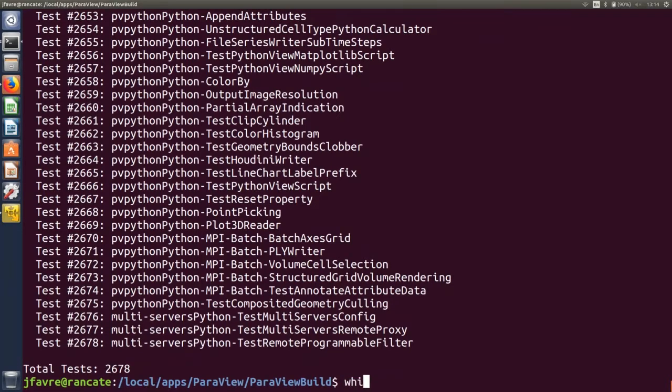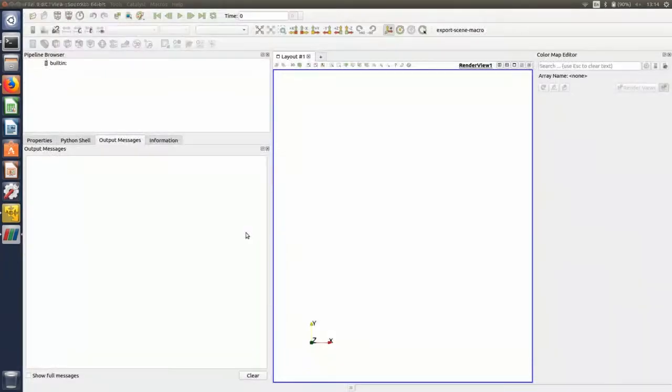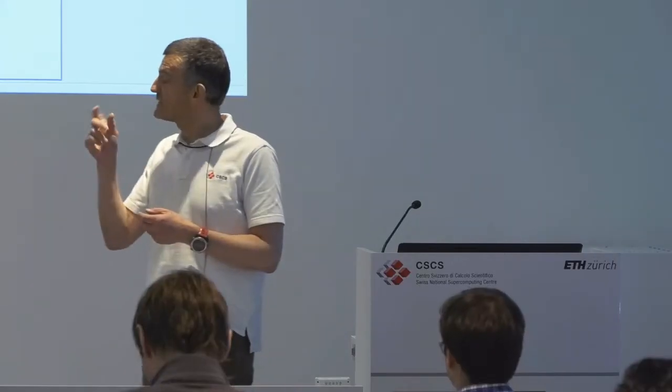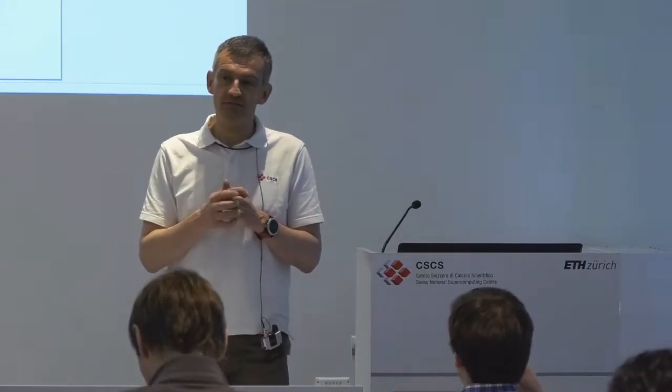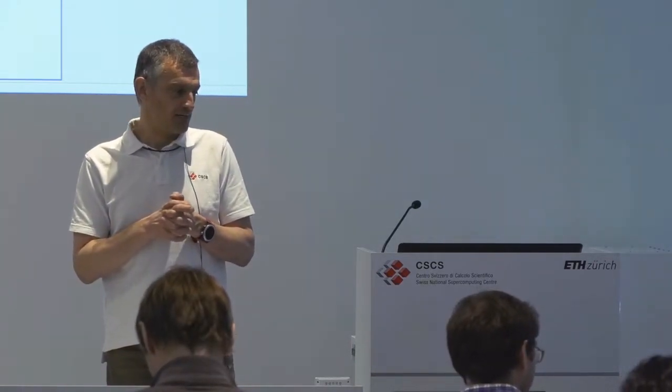This morning, I've already done an early approach to parallel visualization by simply flipping on and off the enable auto MPI flag in ParaView.